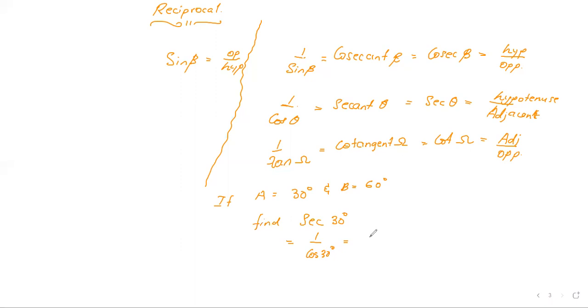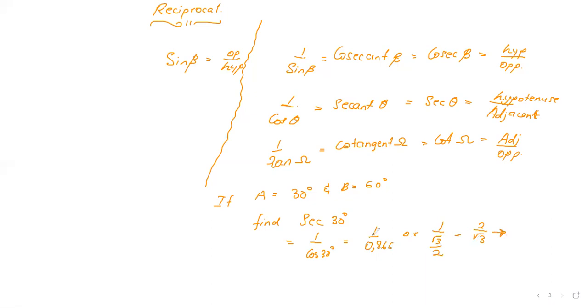The cos of 30 degrees is 0.866, or root 3 over 2. The answer will be 2 over root 3.